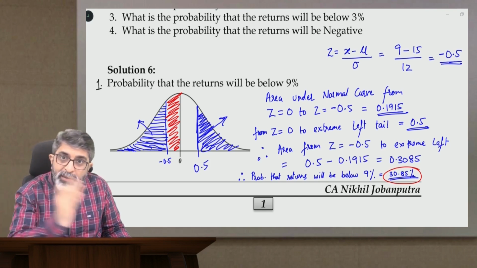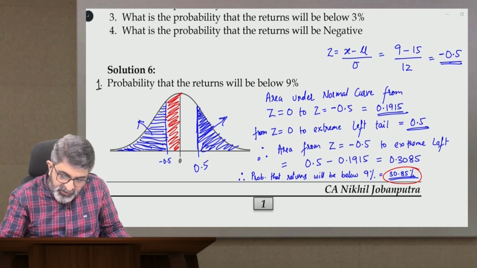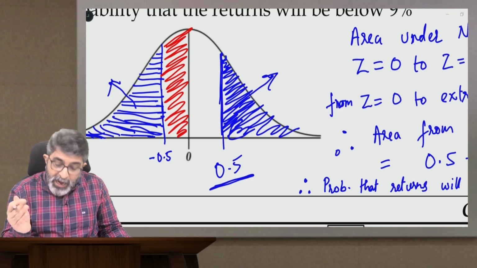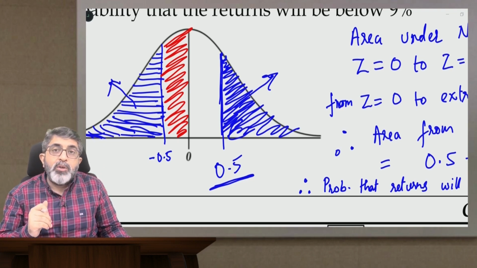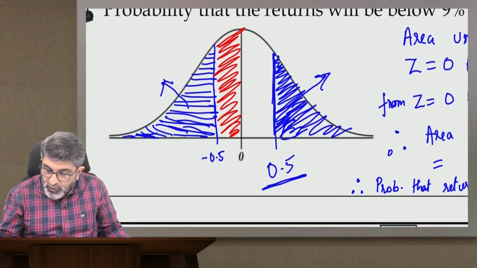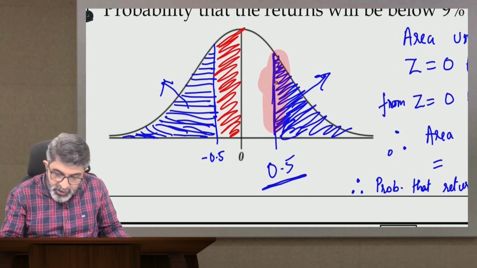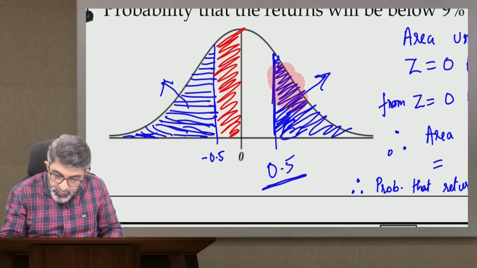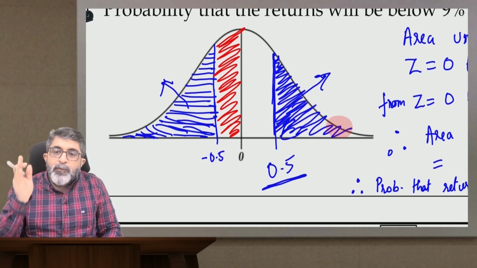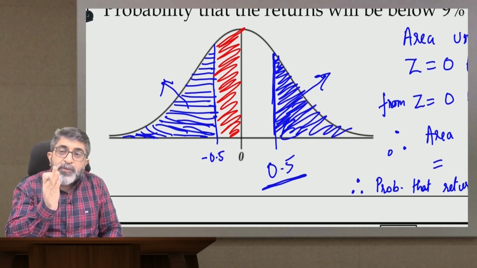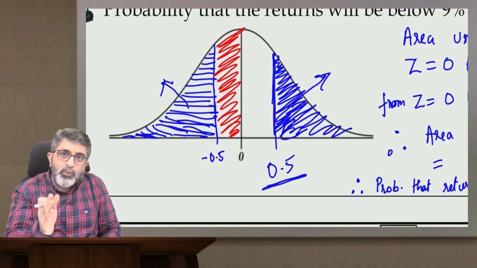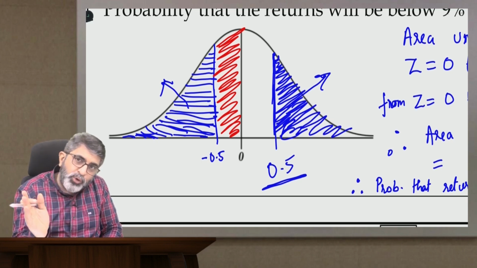But don't go to the left tail, because you will be getting this area, from here to this part, which will not be the required area. We want this particular area only. So from z equal to 0.5 to the extreme right tail will be the same area as z equal to negative 0.5 to the extreme left tail.